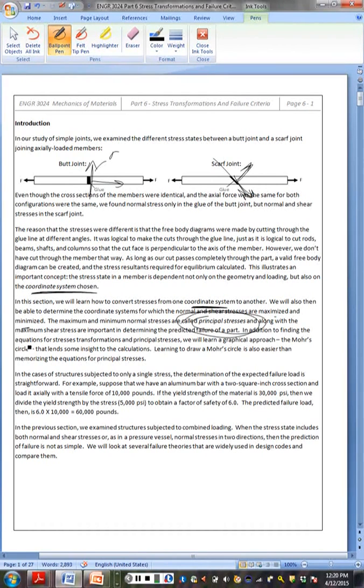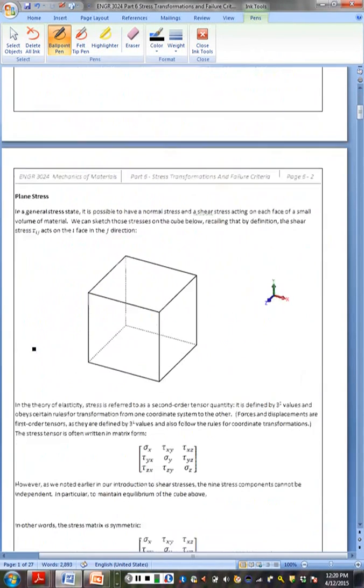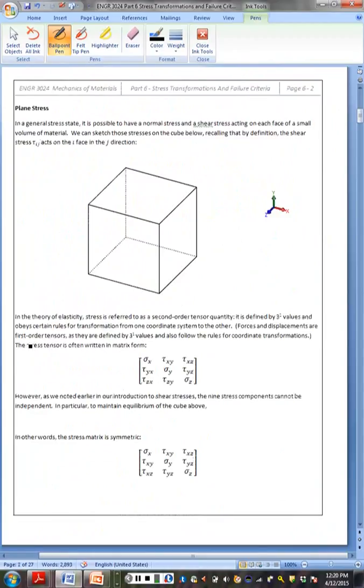So with that introduction, we'll start looking at the actual geometry of the case.